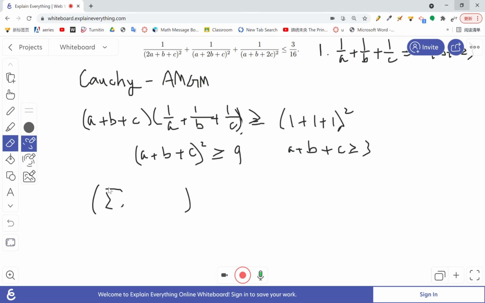So actually, we can transform this into (3 plus a) squared, (3 plus b) squared, and (3 plus c) squared.